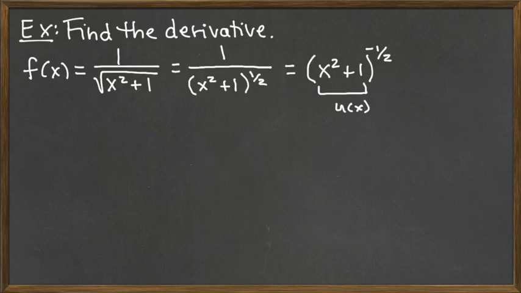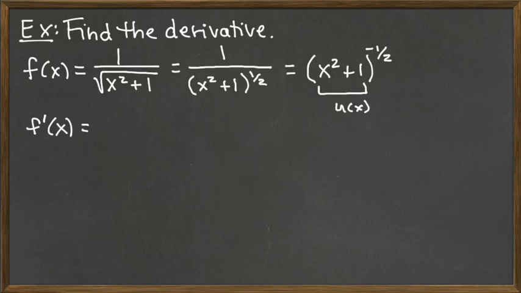And so when we use the chain rule to complete the derivative, we're ready to start taking the derivative now, so we write f prime of x. Our outside function is really the negative 1/2 power function. So we're looking at something u raised to the negative 1/2 power. And so to take that derivative, we would use an extended power rule.